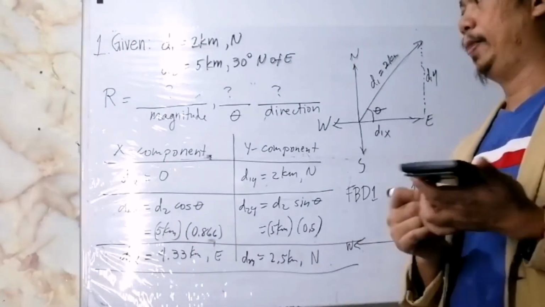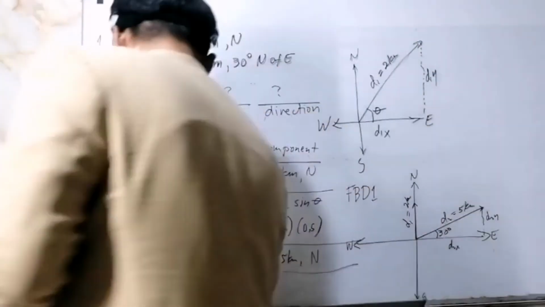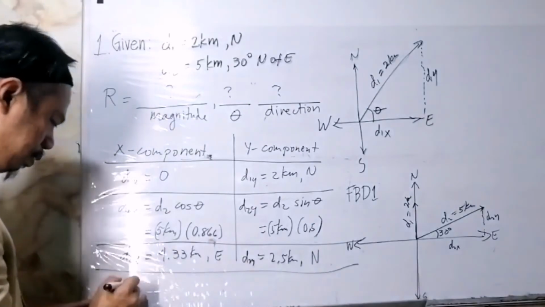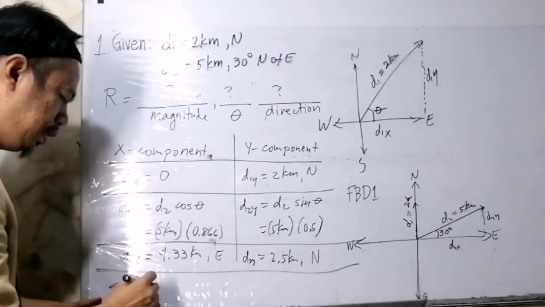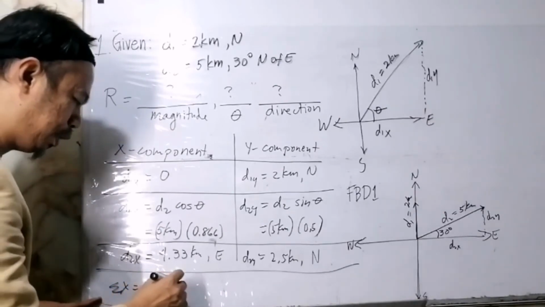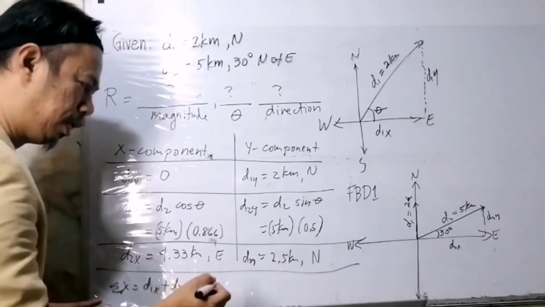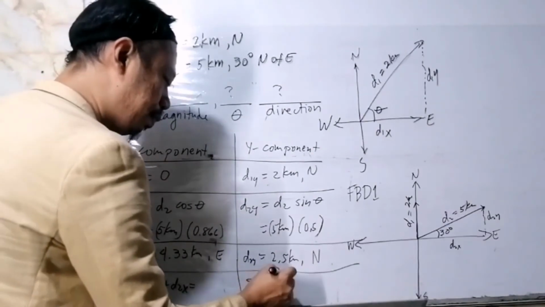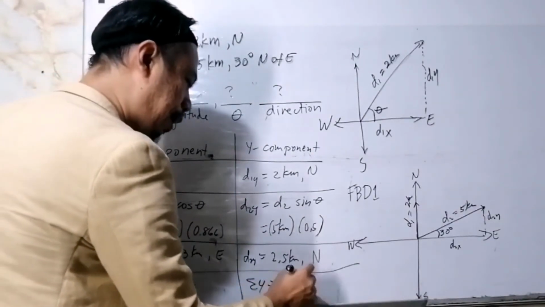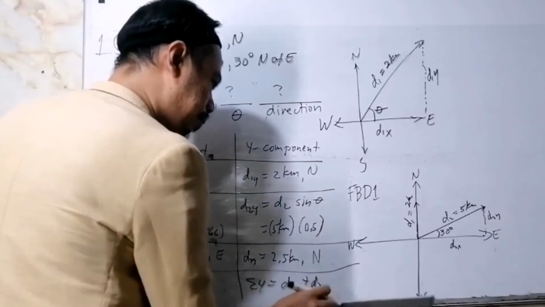Okay? Now, to get the summation of x, we simply add. Okay? d1x plus d2x. Okay? Here, we have the summation of y, d1y plus d2y.